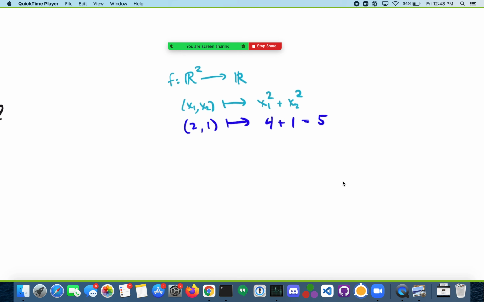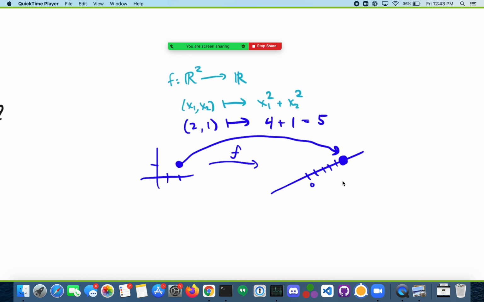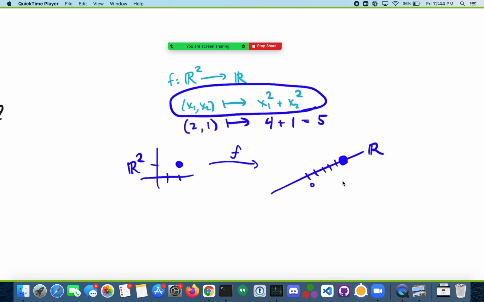Okay, so the point 2, 1 gets mapped over by f to the point on the number line. This is 0, 1, 2, 3, 4, 5. So f maps this thing here. Okay, this is R2. This is just a cartoon. This is the formula for our map.